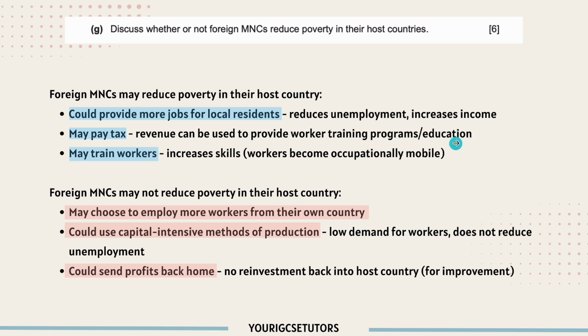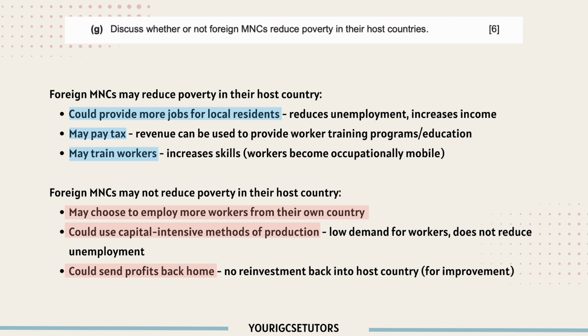And with better education, you're more likely to be employed, and you're less likely to be in poverty. Or the multinational companies may train workers. They come into the country and offer new jobs, then they will train the workers, which will increase the skills of the population.